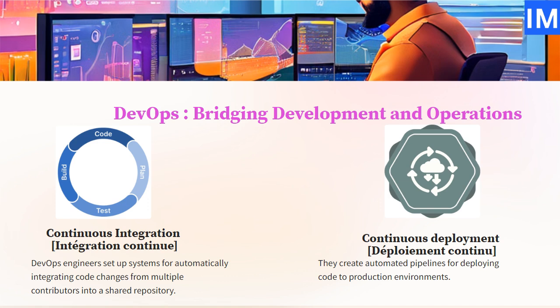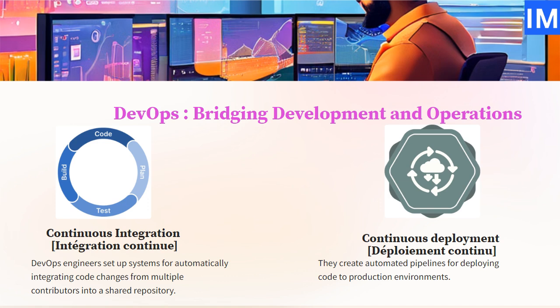Now, how about DevOps? DevOps is a field in computer science that bridges the gap between development and operations, enabling faster and more reliable software delivery. Key practices in DevOps work include continuous integration, where code changes from multiple contributors are automatically integrated into a shared repository, and continuous deployment.